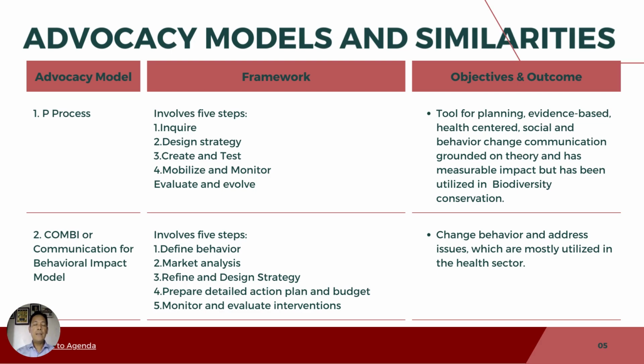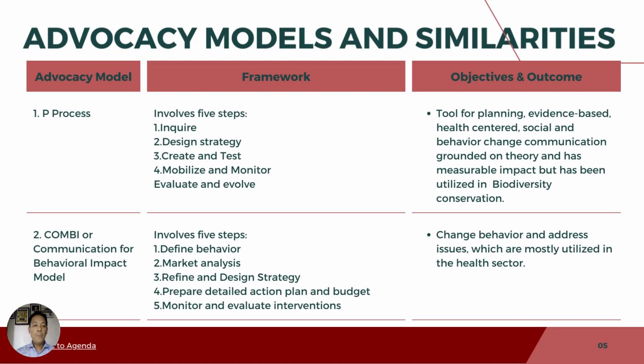Now we look at the P process as it relates to the different and other models. So in the framework, we have the advocacy model, the steps, and objectives and outcomes. So in P process, you have the 5 steps, which I've discussed already, and also it is a tool used for planning as well as in changing behavior.